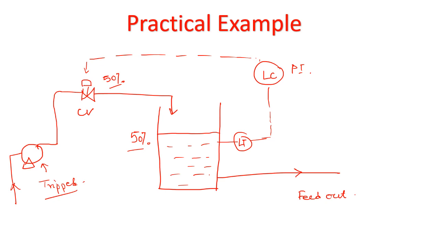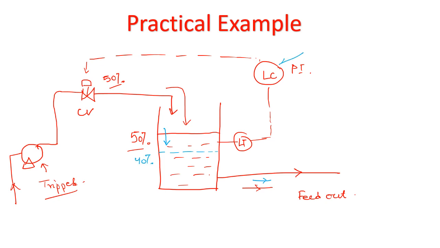Now when the pump got tripped, there is no feed into this vessel, but feed out is still going on, right? Now what will happen? Level will come down, right? Level will come down from 50% to say some other percent, say 48% or 40%.